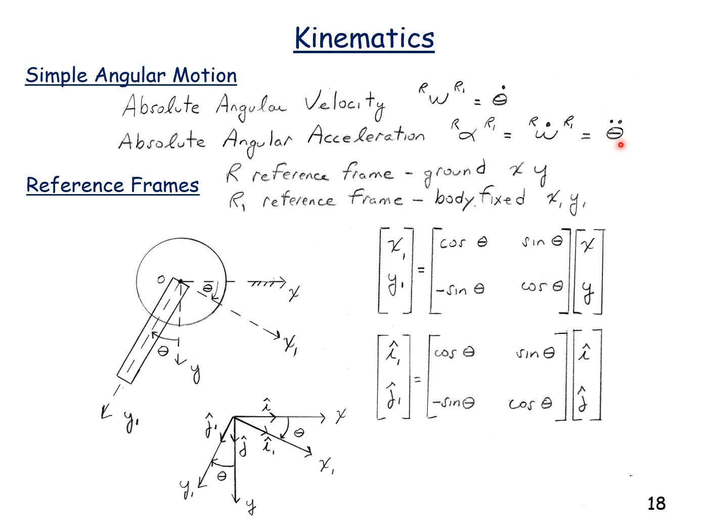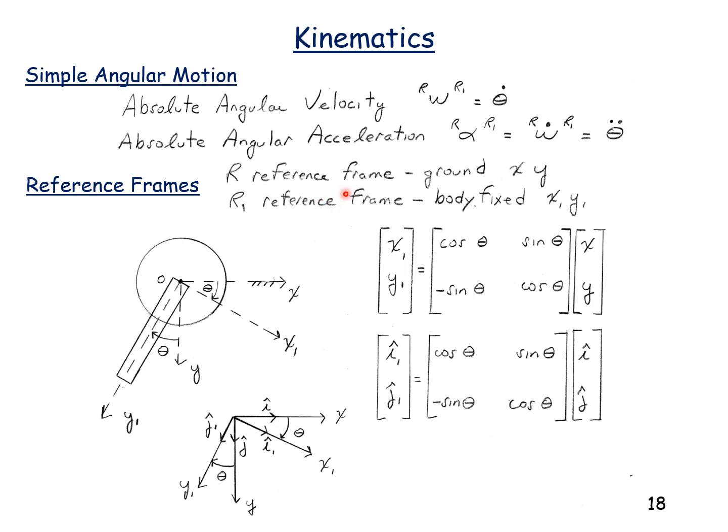And that's what I show here. Notice that I show the complete notation, the angular velocity of R1 in the R reference frame, the angular acceleration of R1 in the R reference frame. These are vectors. These are the scalar magnitudes. The vectors are in the z direction. It's perpendicular to the plane of motion. That's the direction for the angular velocity and the direction for the angular acceleration.